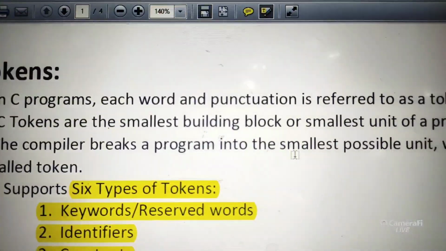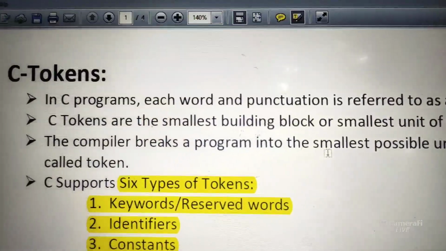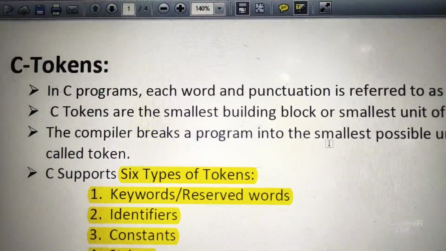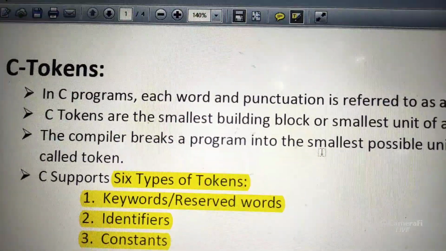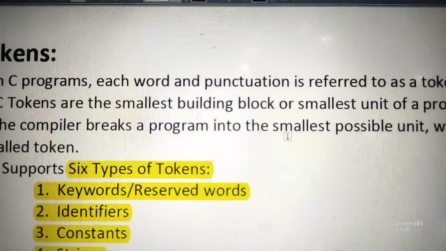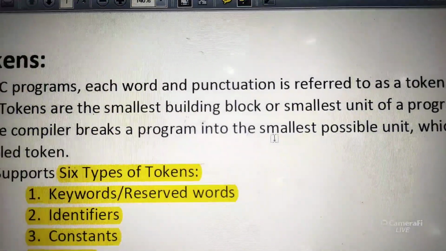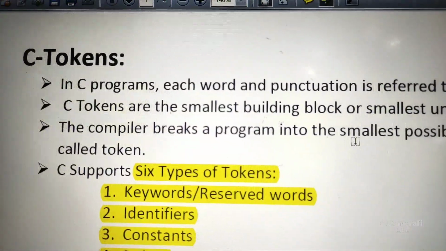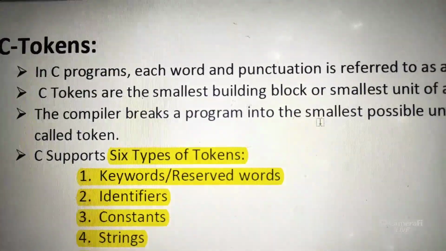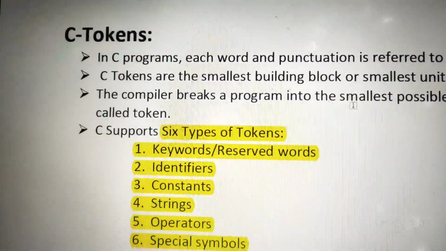In C programs, each word and punctuation is referred to as a token. Everything within the program is called a token. Token means smallest entity. C tokens are the smallest building block or smallest unit of a program. Every part in the program is nothing but a C token. The compiler breaks a program into the smallest possible units, which are called tokens.